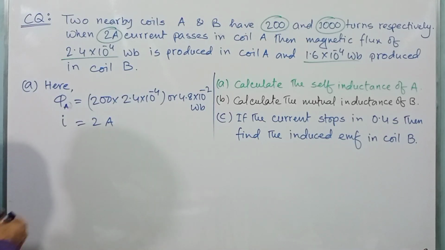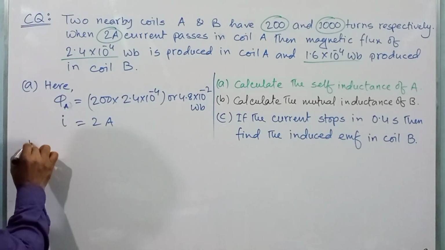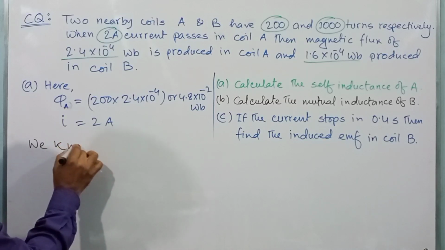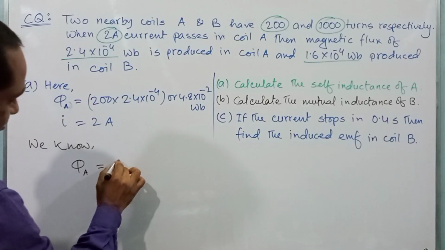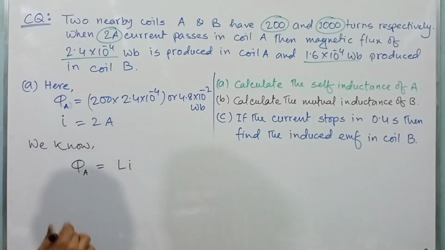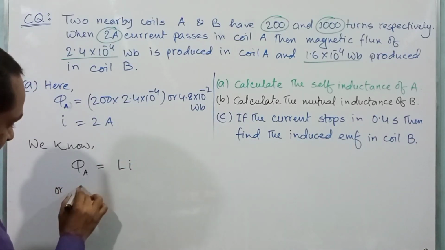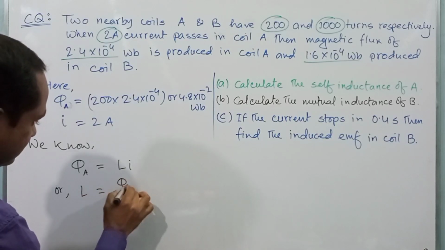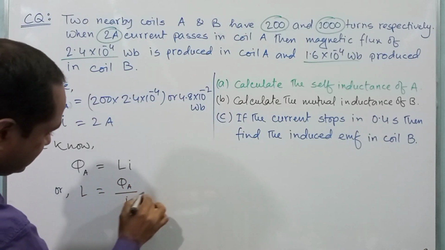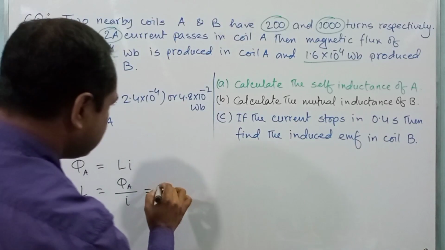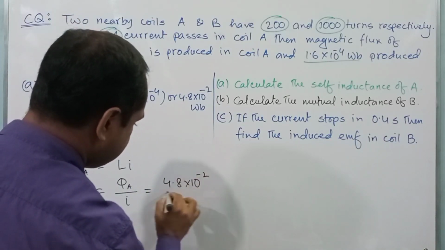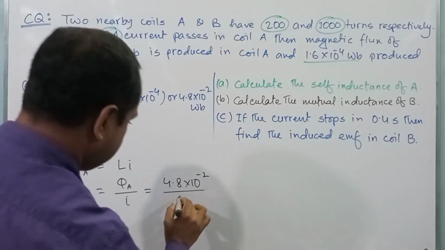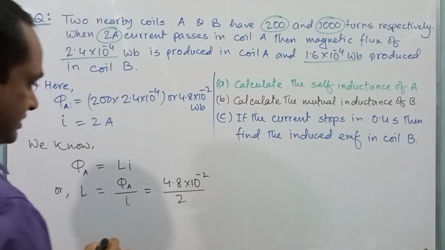We know phi A is equal to L I, or L is equal to phi A divided by I. So here phi A is equal to 4.8 into 10 to the power minus 2 divided by I, which is 2 ampere.